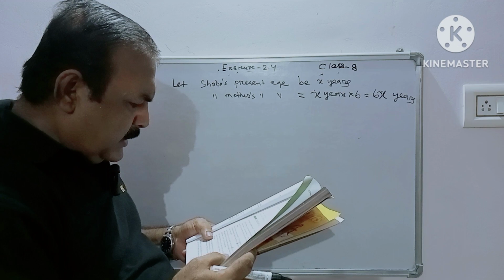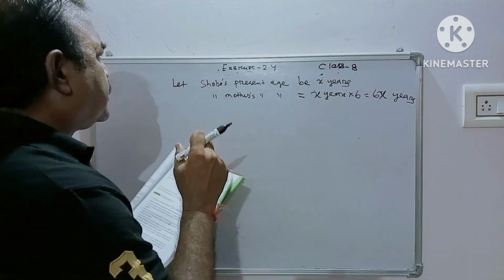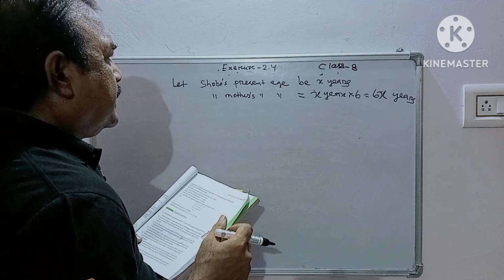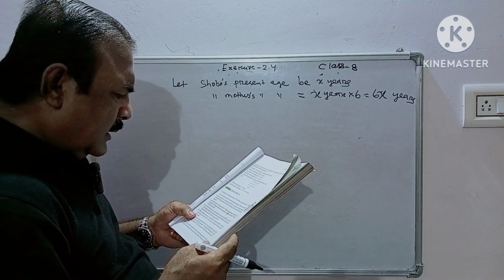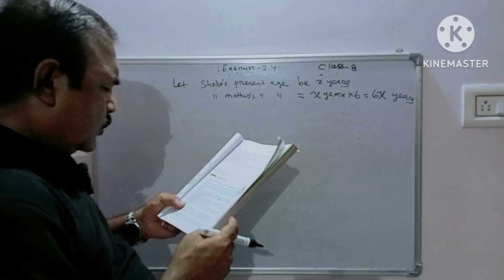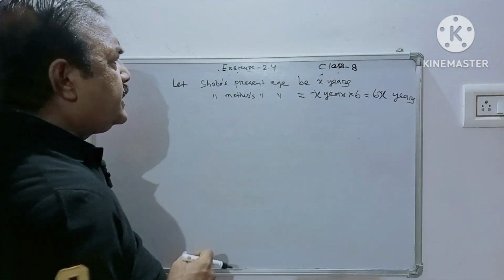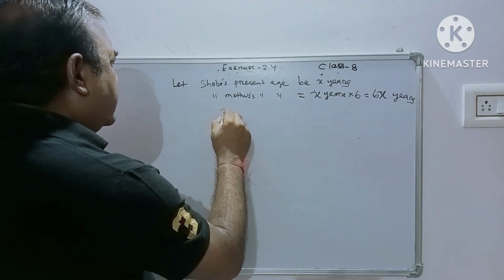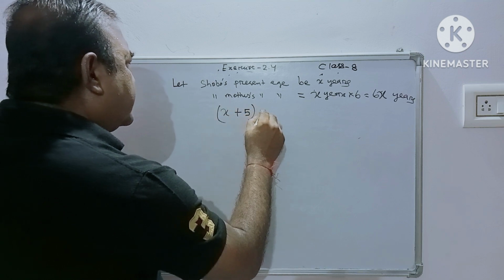So Sobo's age 5 years from now. If I add 5 years to Sobo's age, that will be equal to 1/3 of his mother's present age. Sobo's age is x years, and 5 years from now, that means x plus 5 years.